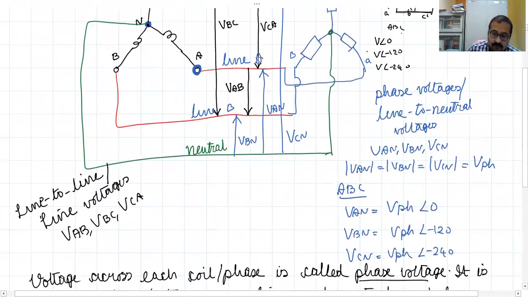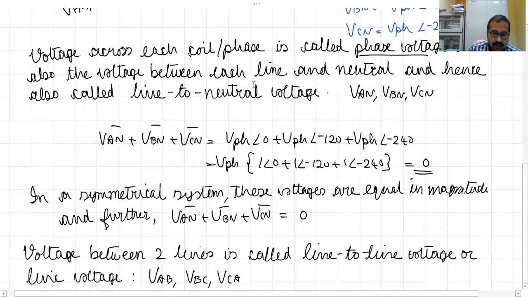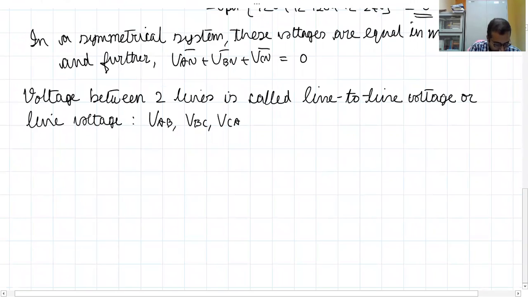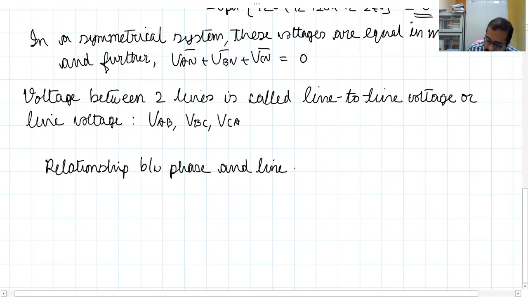Let us see what it is. Relationship between phase and line voltages in a balanced three-phase Y connection, in a balanced three-phase star connection.